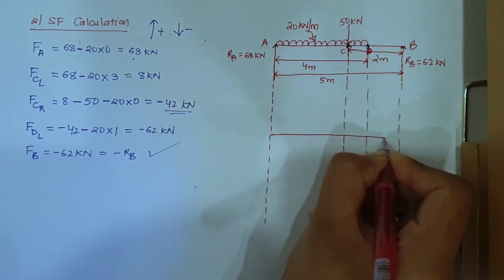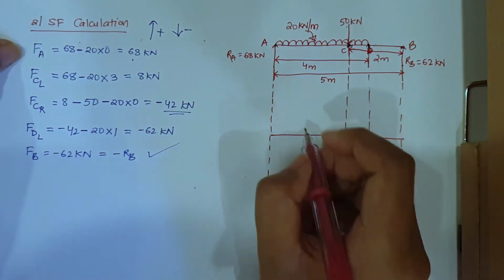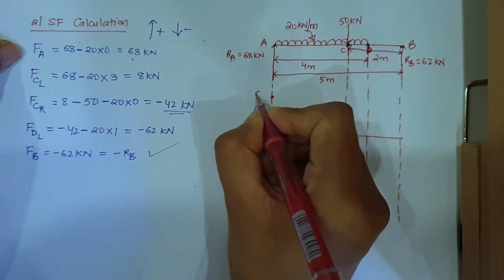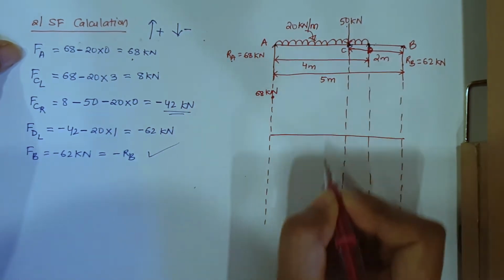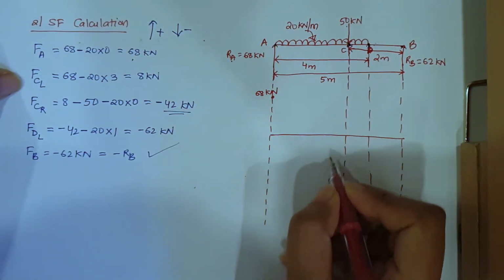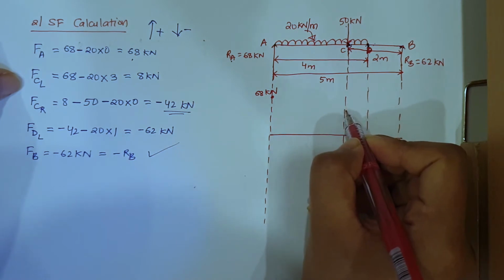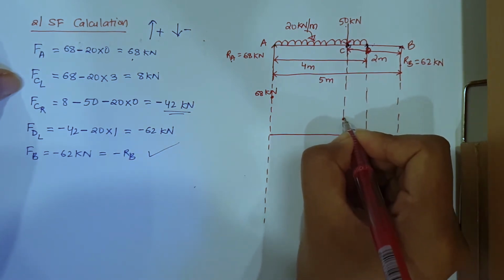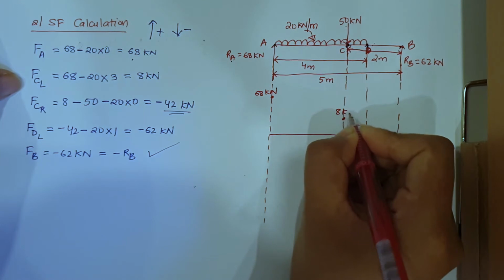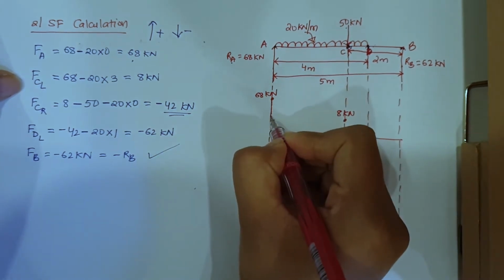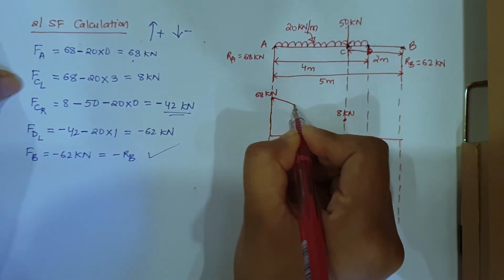Okay, now let us draw the shear force diagram. I'll draw a line here. Now shear force at A is 68 kilonewton, 68 kilonewton here. Then shear force at C is 8 kilonewton, so I'll draw here 8 kilonewton. Let me join it.